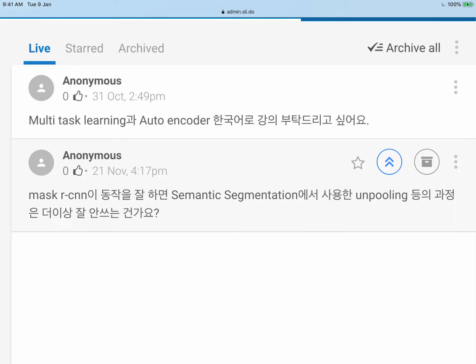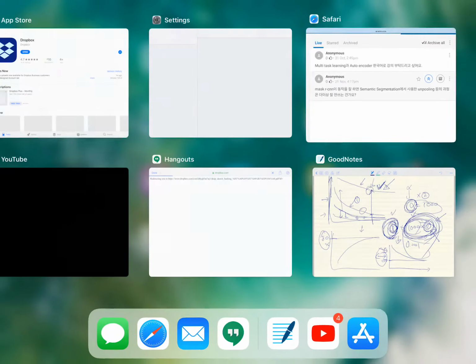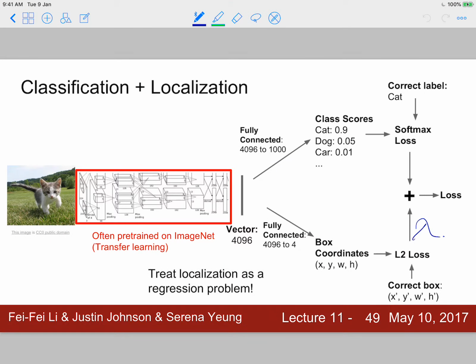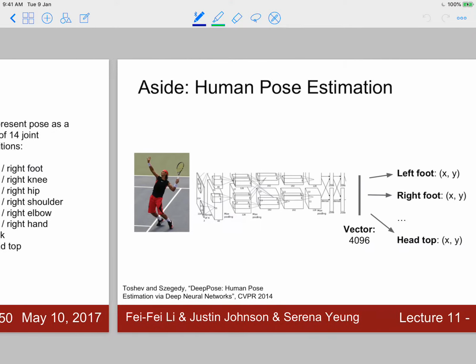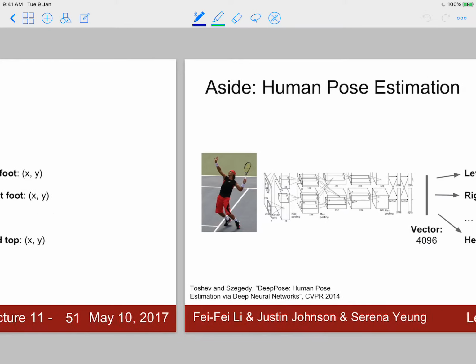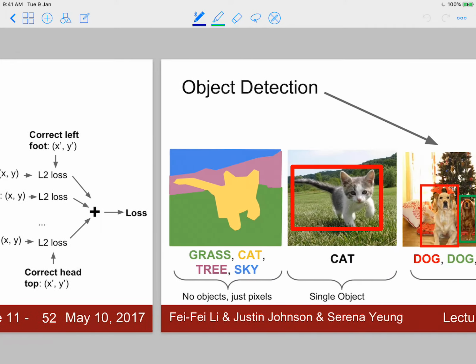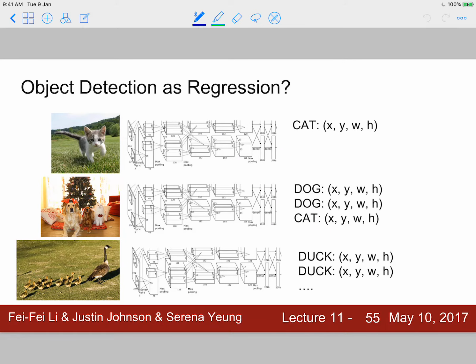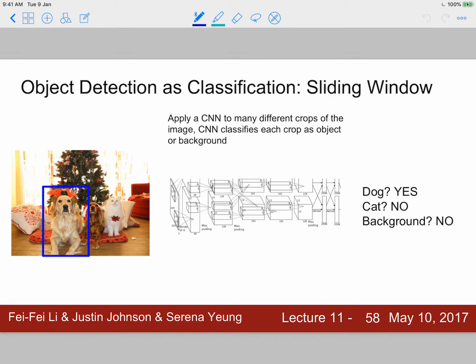Okay, then Mask RCNN. So let's briefly go through some models for the detection.